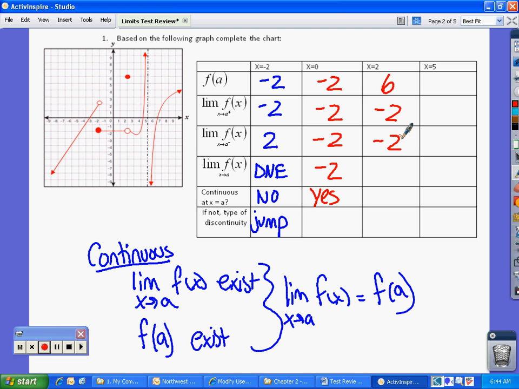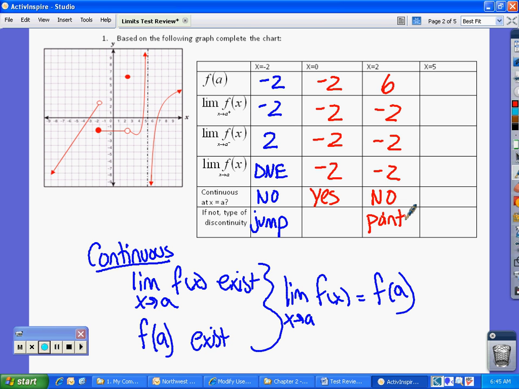Looking at these 2 answers, yes, and it is negative 2. Is it continuous? Well, the limit exists, f of a exists, but they are not equal. So no, it is not continuous. What type of discontinuity? This type where the limit exists and the function exists, but they just aren't the same value, is what we call point discontinuity. It's a removable discontinuity.